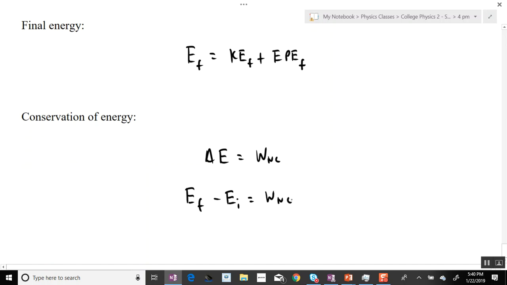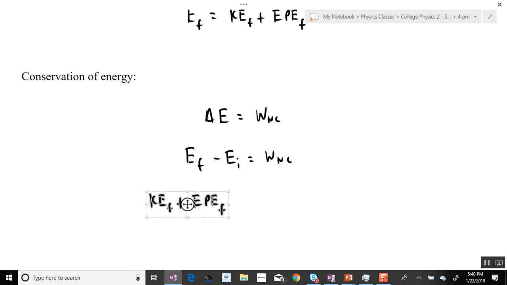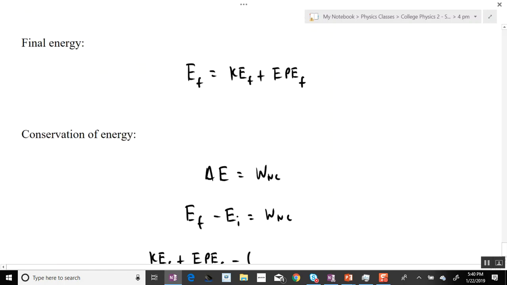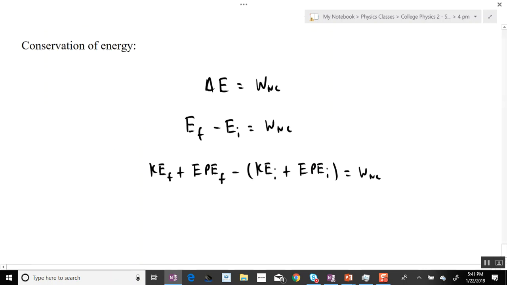It's always the final thing minus the initial thing. Now, the final thing is this thing. This is the final energy. This is the initial energy for this particular case. This is in general for this case.